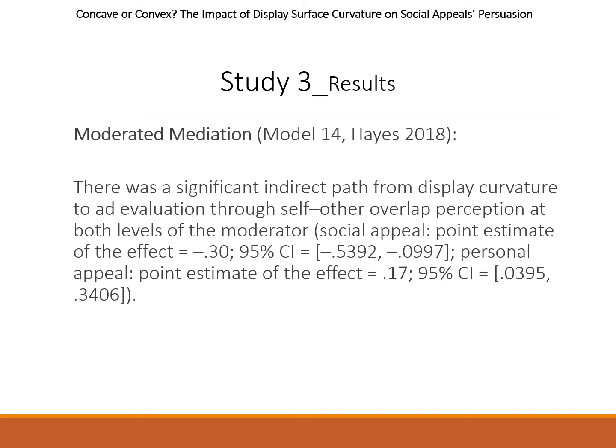So we conducted a moderated mediation analysis using the SPSS PROCESS model 14, with display curvature as the independent variable, self-other overlap perception as the mediator, appeal content as the moderator, and evaluation as the dependent variable. The results showed a significant moderated mediation effect. Specifically, there was a significant indirect path from display curvature to ad evaluation through self-other overlap perception at both levels of the moderator. So these results provide further evidence in support of our proposed framework.